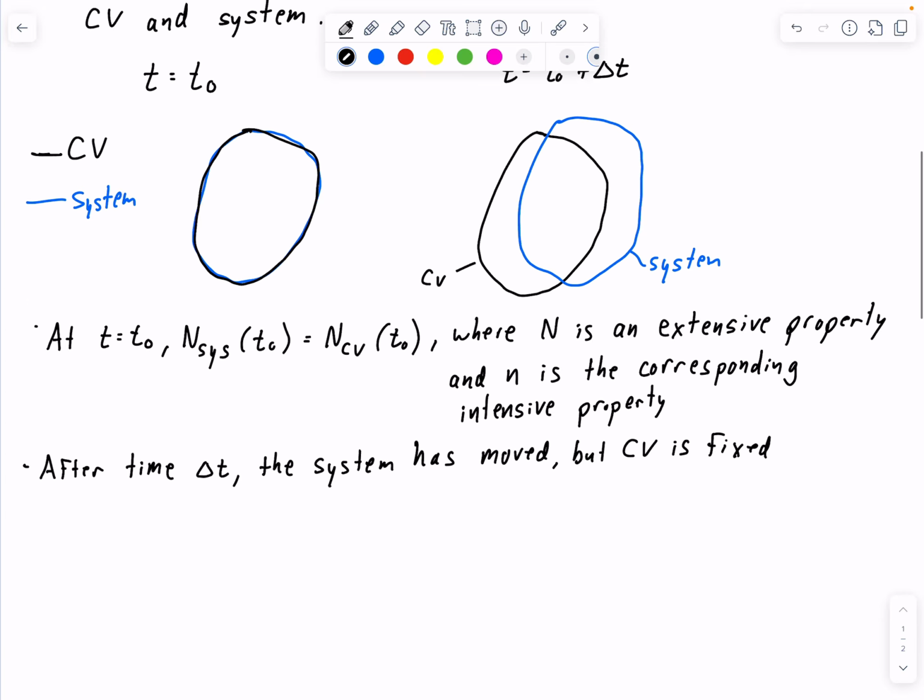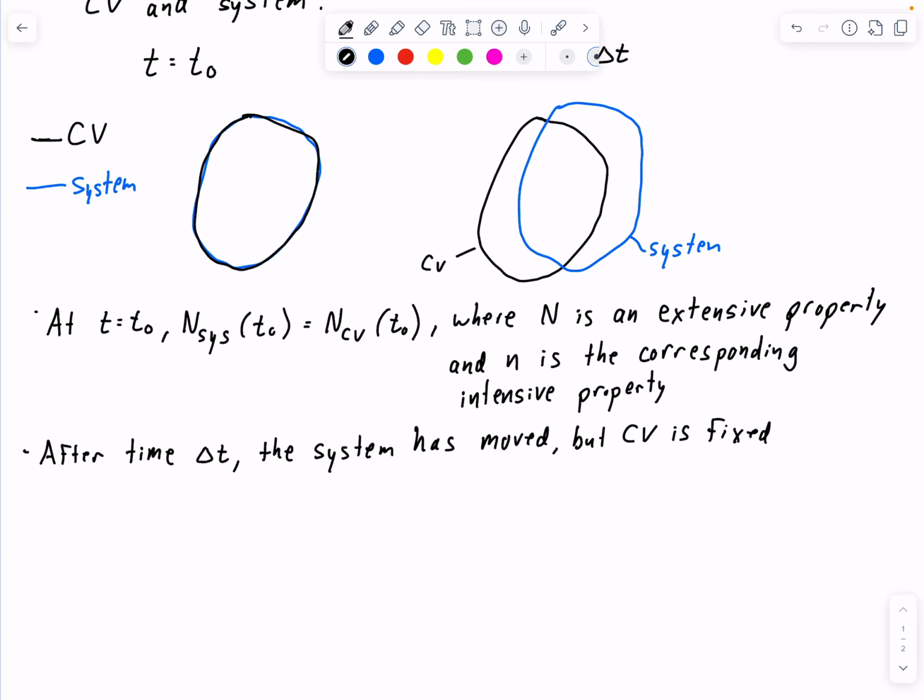Okay, so what we're going to do here is divide up this system at time t0 plus delta t into 3 different regions.